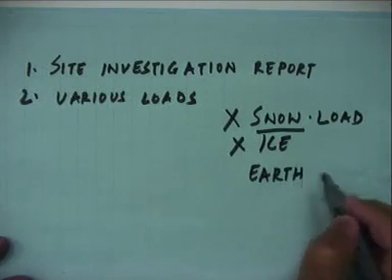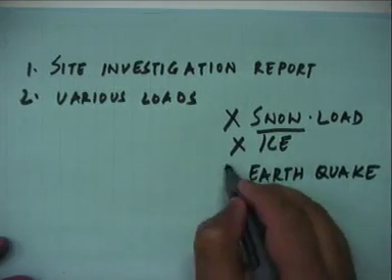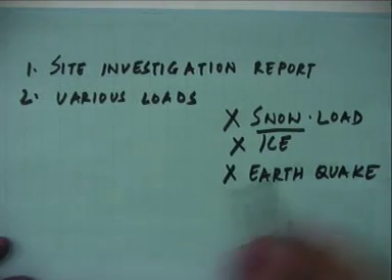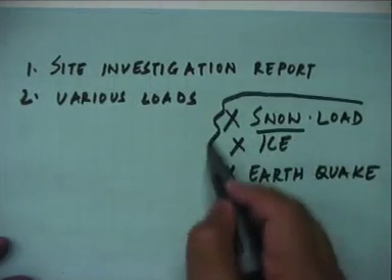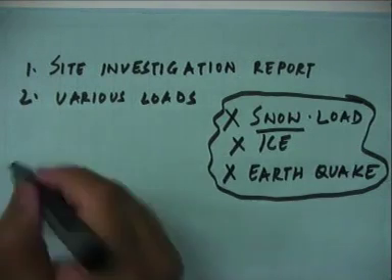So this is what I mean when I say that you try to identify which loads are likely to act on your formwork. Suppose you are working in an area where these loads are not likely to be there, then in such cases you don't have to consider those loads.